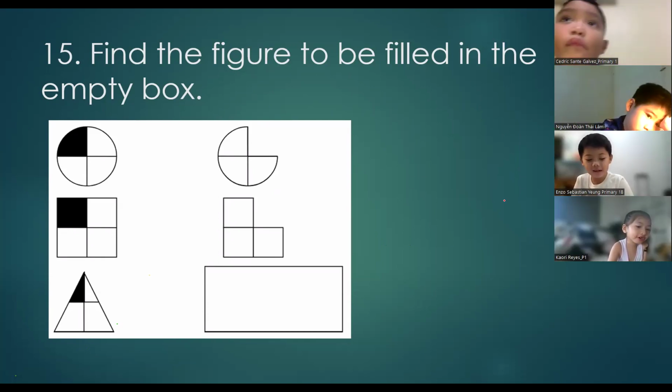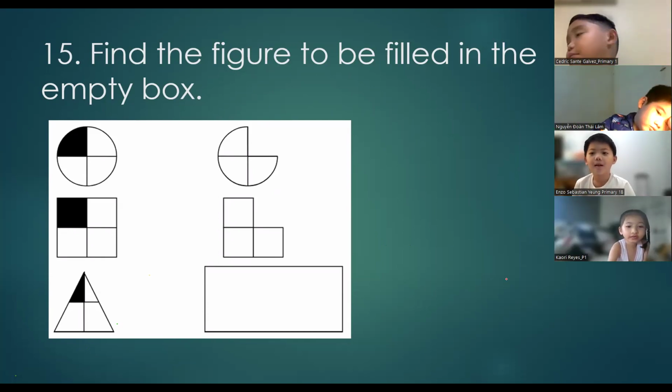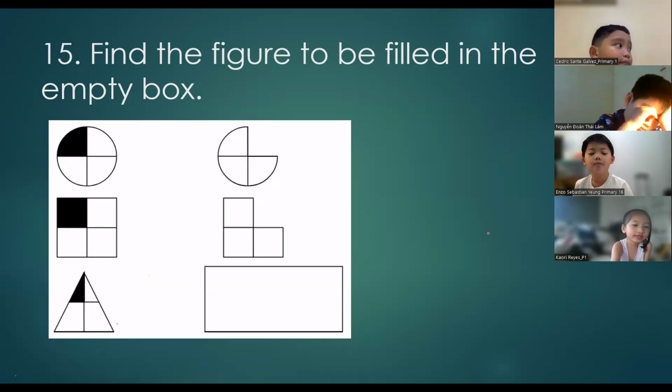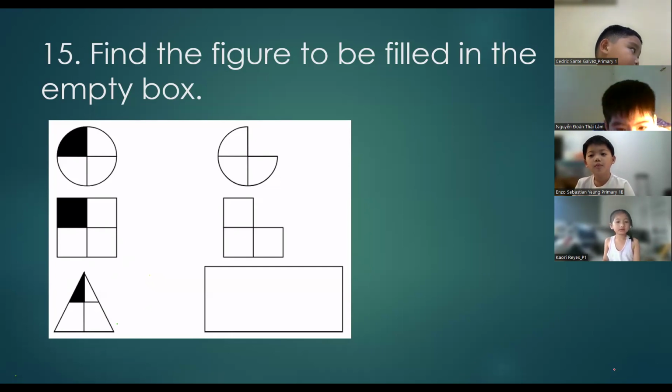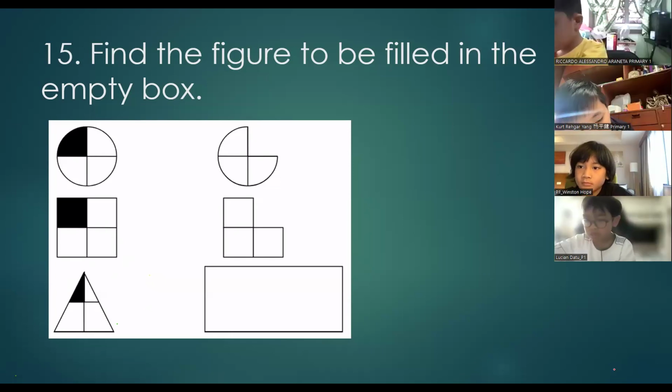What's the pattern? One part on triangle. So how about Kurt? What's the pattern?